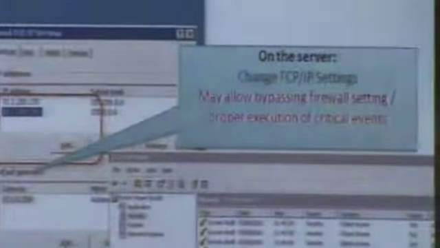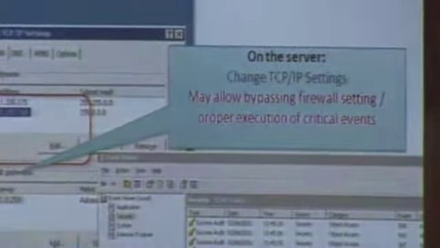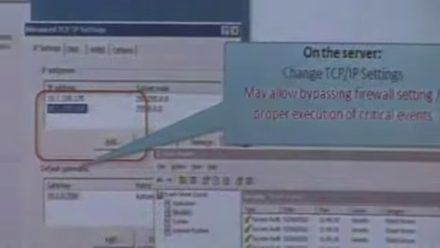Here is the first example of one of those blind spots that I was talking about. Imagine that you take a server and you enable all logging to report to the event viewer. And then, we did this test actually, so I know the statistics about it, you go and change the IP address settings.